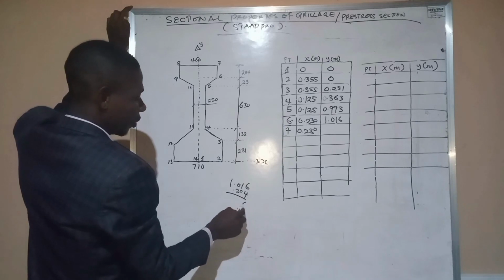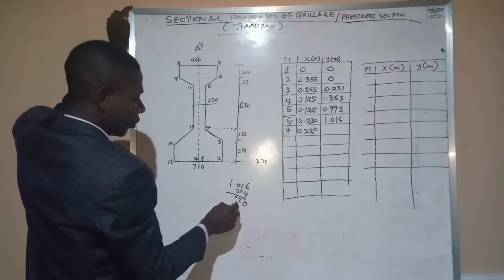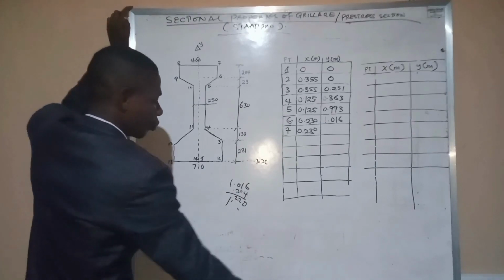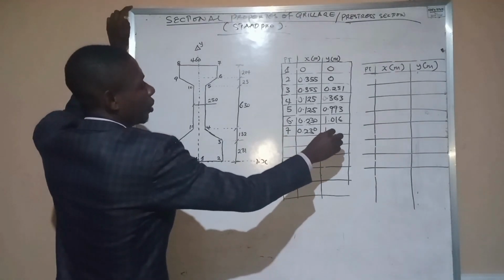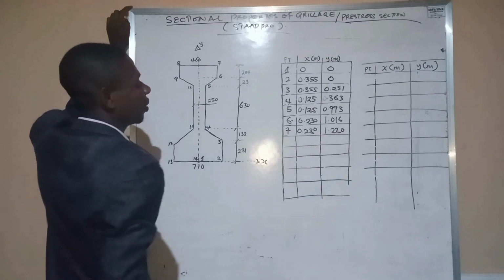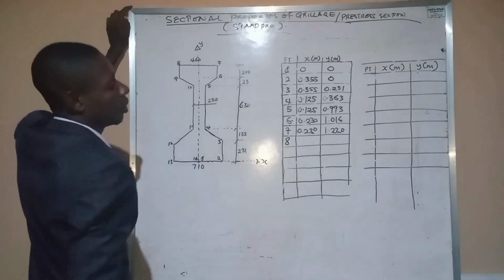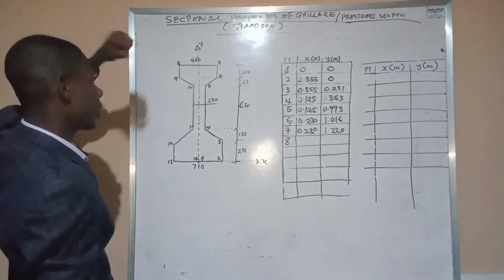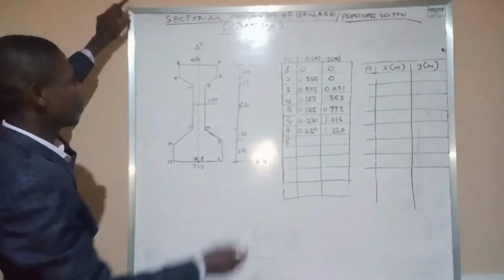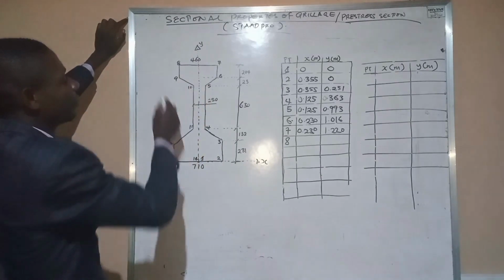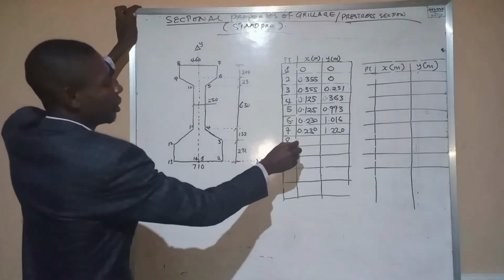So that will give us 1.220. All right, so we have 1.220. So point 8, we equally have our point 8, which is this point. At point 8 we're going to have x as a negative value, and that will be negative 0.23.